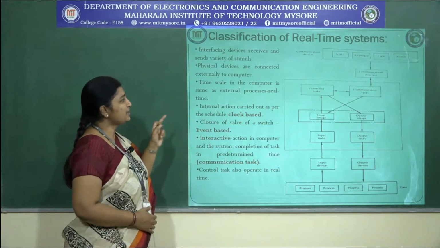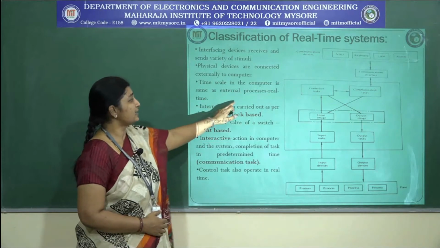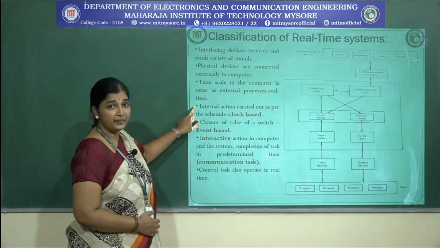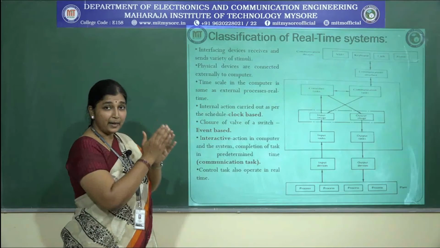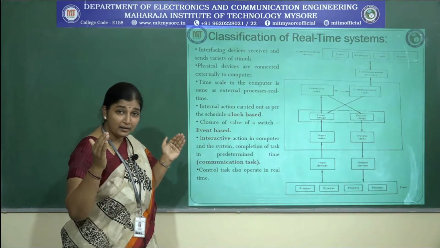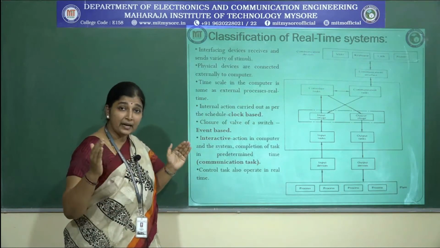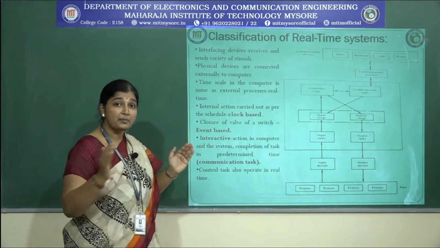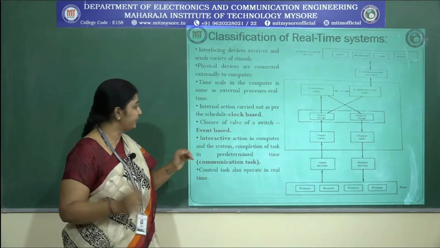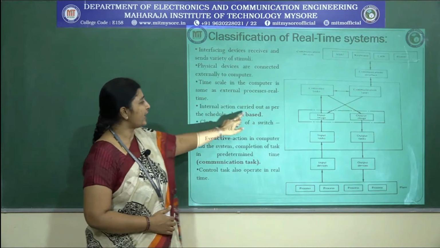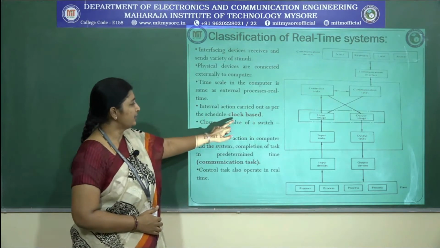The time scale in the computer is the same as external processes, real time. What is time scale? The time duration at which the process will take place, the performance of the entire task, that becomes your time scale. T is your time scale, the period. The internal action is carried out as per the scheduled clock base.